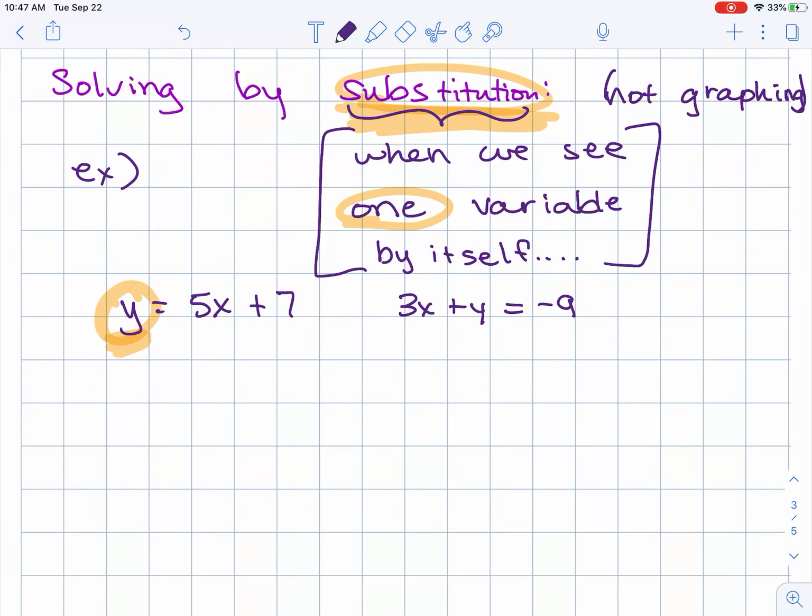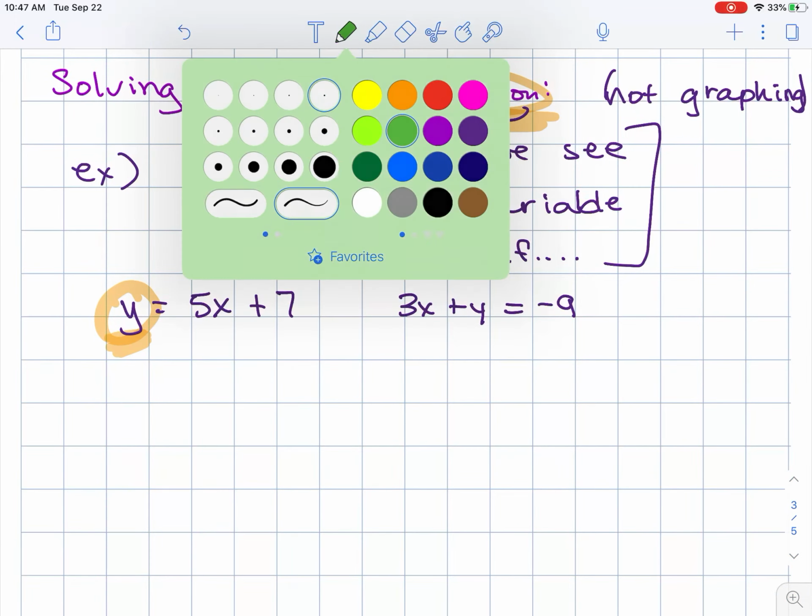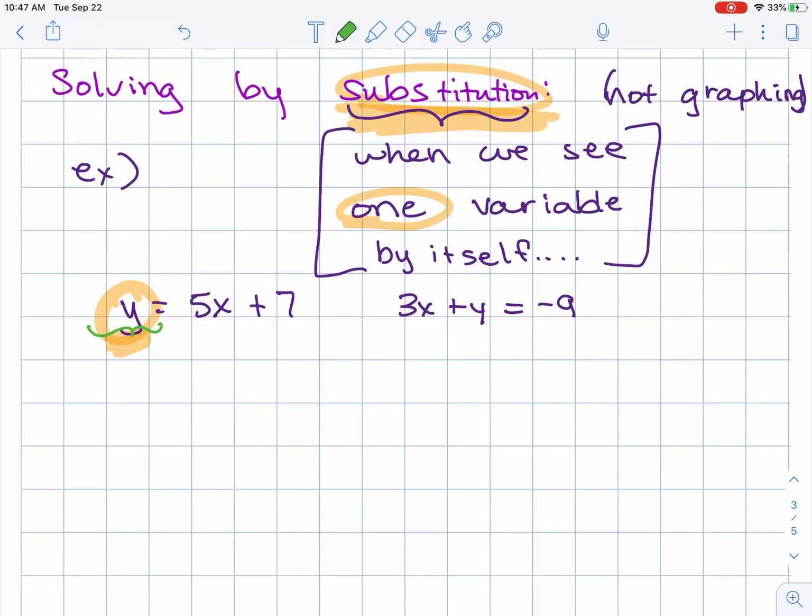Well, what we're saying here is this value for y is equivalent to 5x plus 7. So we're going to substitute 5x plus 7 every time I see y in the other equation.